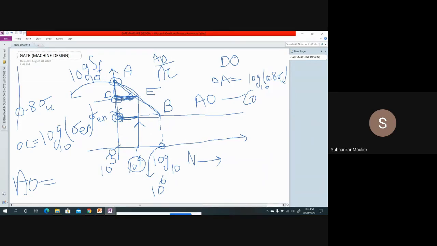I can write that. Yes or no? Yes sir, I can write AO as AD plus DO. Fine. Then I need to get the value of DO. So DO will be how much?